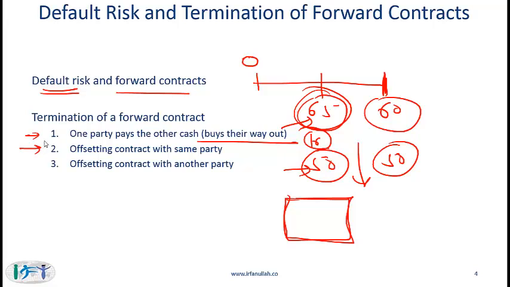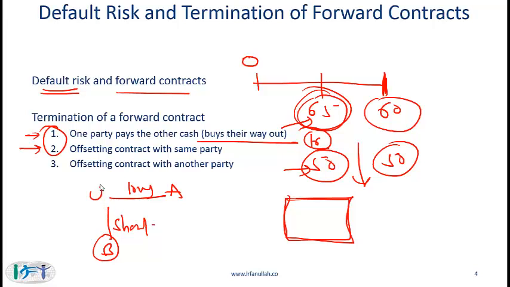Let's say that the counterparty does not want to do either of these, then what you can do is get into an offsetting contract with another party, which means that with party A, you might have a long position. So you are long, party A is short. And then with party B, you take a short position.